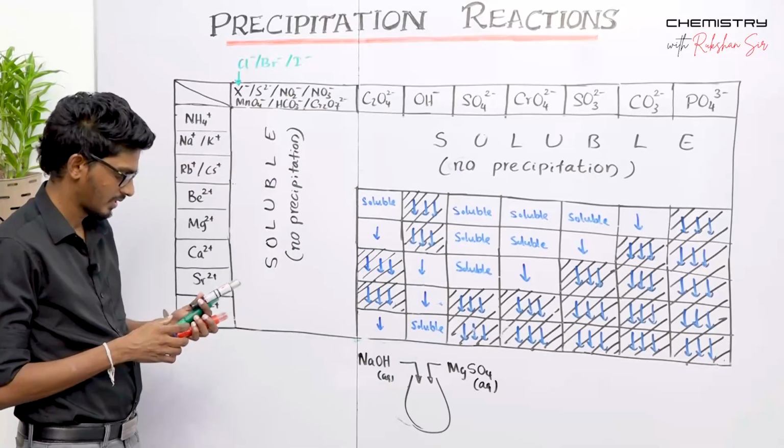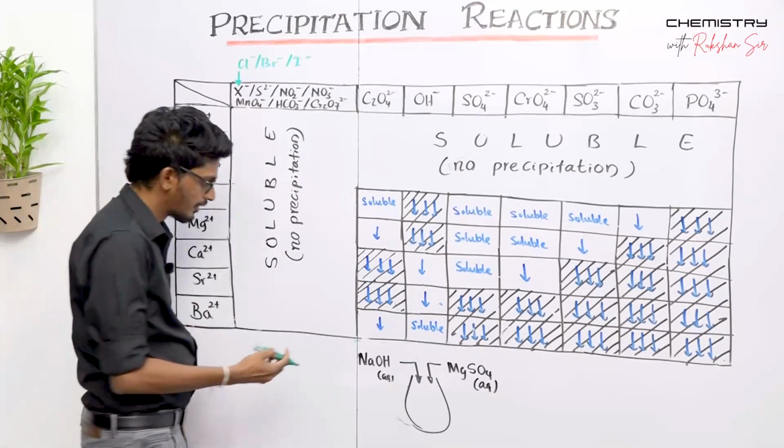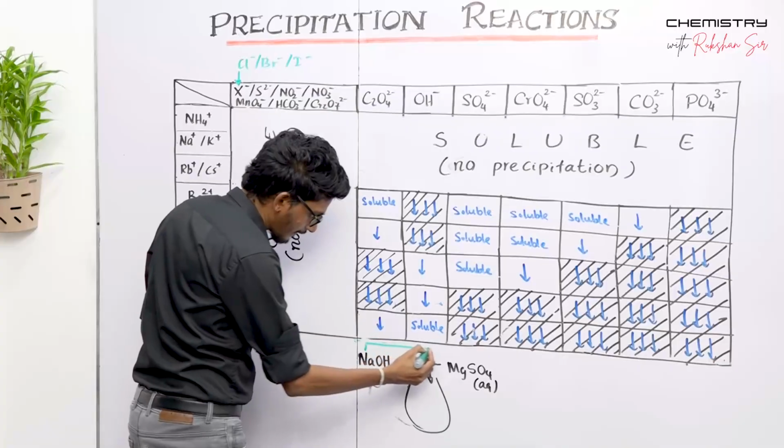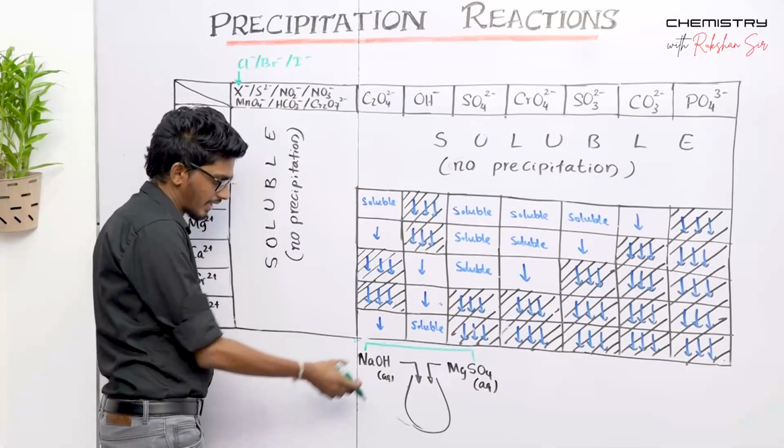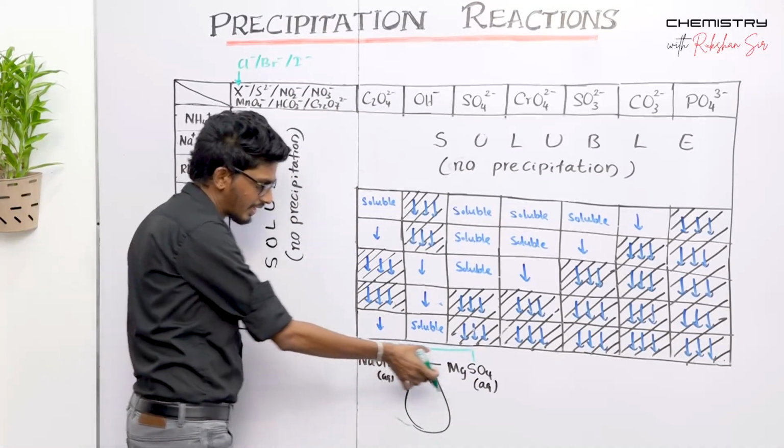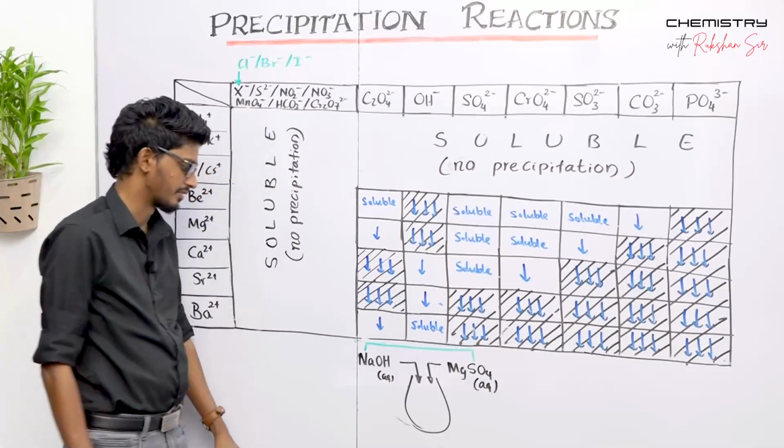Just check. So sodium with the sulfate ion, these cations from the one species combine with the anions of the other species. That is how we check, right?